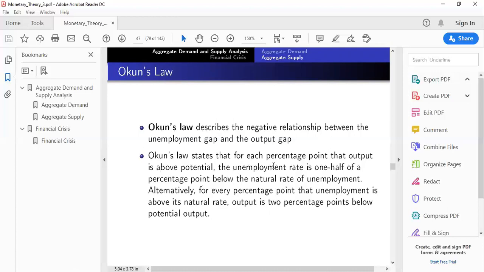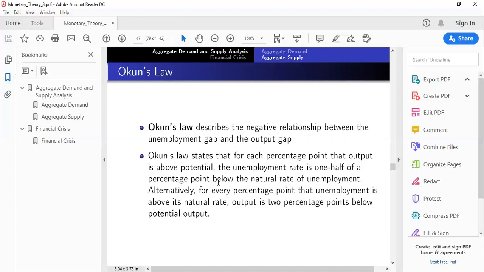So for each percentage point that output is above potential, the unemployment rate is also half of a percentage point below the natural rate of unemployment. So if you are above potential in terms of output, the unemployment rate will fall below its natural rate.